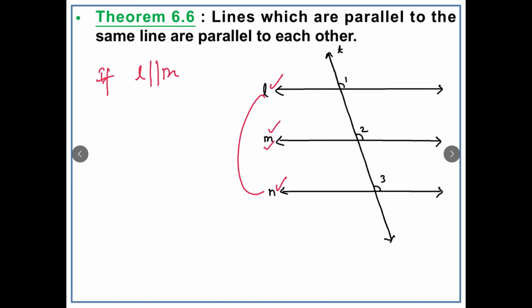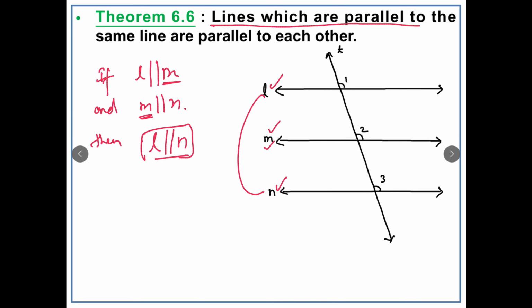So if one line is parallel to a second line, and a third line is also parallel to the second line, then 1 and 3 are also parallel.